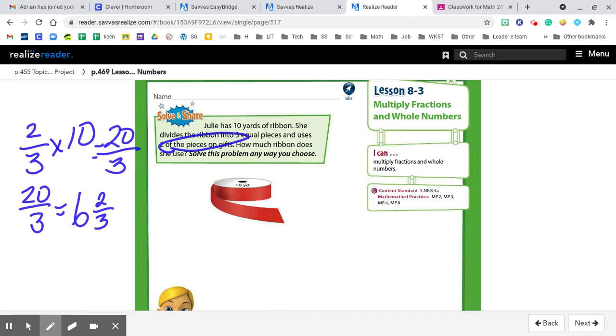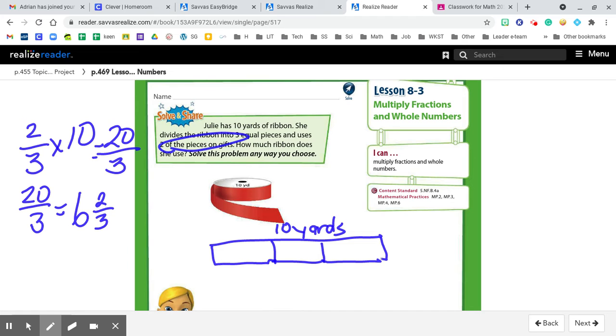You can also say she has 10 yards altogether, and she divides it into 3 equal pieces, and she's going to use 2 of those pieces.